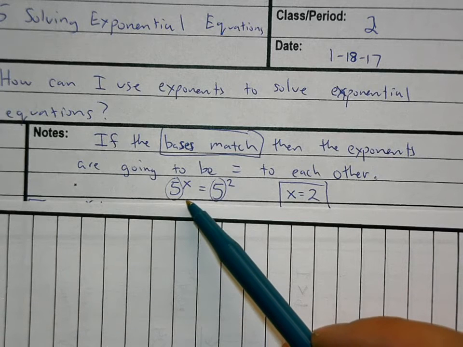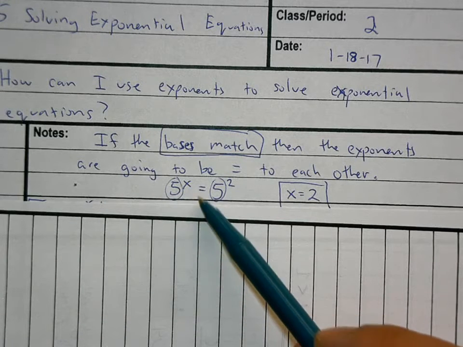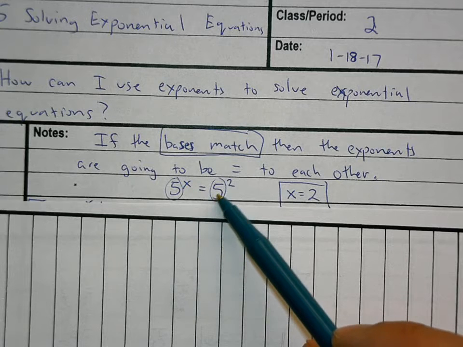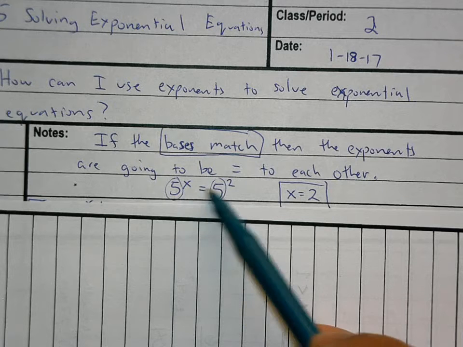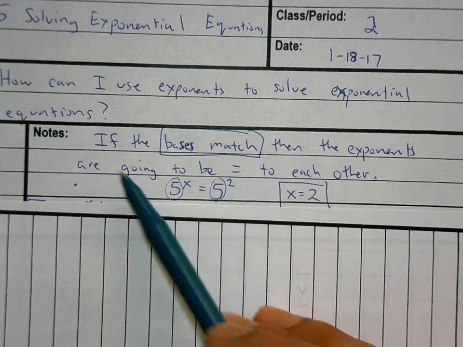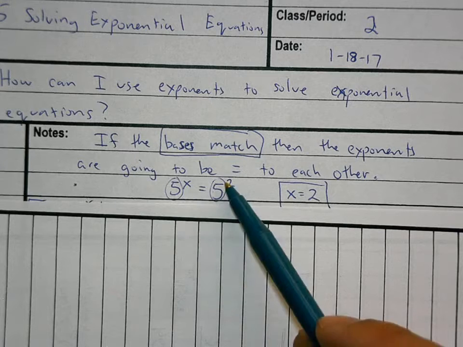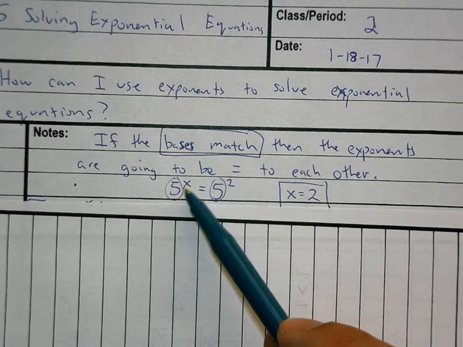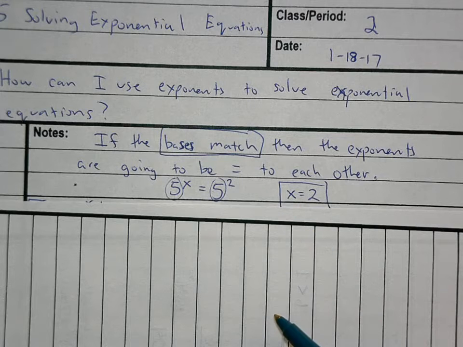If I have a problem where I have 5 to the x power is equal to 5 to the second power, if these two bases match, then the exponents have to also be the same. 5 to the second power is equal to 5 to what power? Well, it's 5 to the second power. X has to be equal to 2.